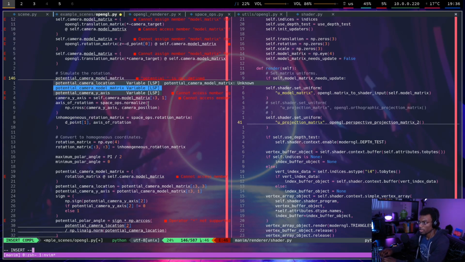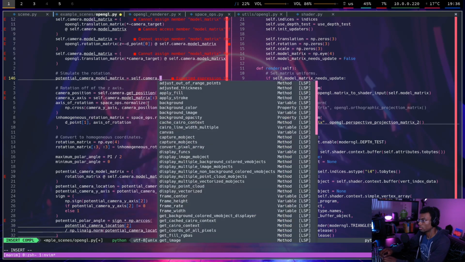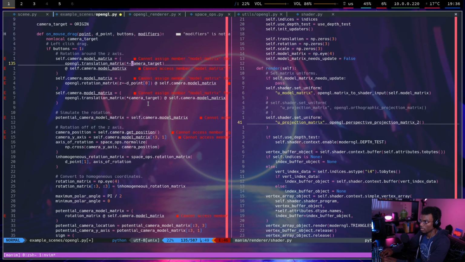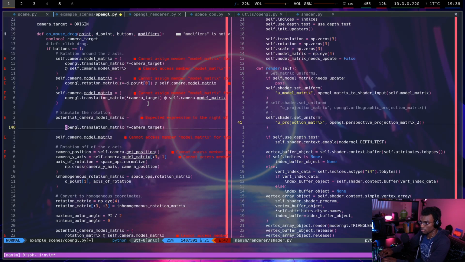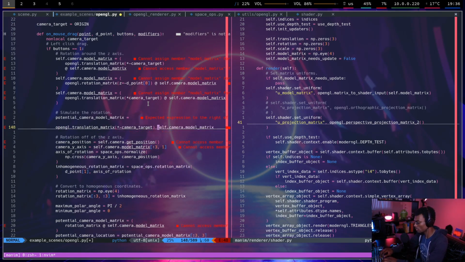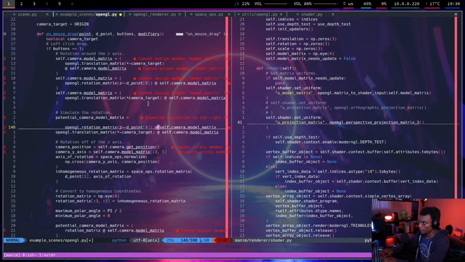Potential camera model matrix. This is going to be the self dot camera dot model matrix, left multiplied by the translation. This is translating it, then rotating it, then translating it again.